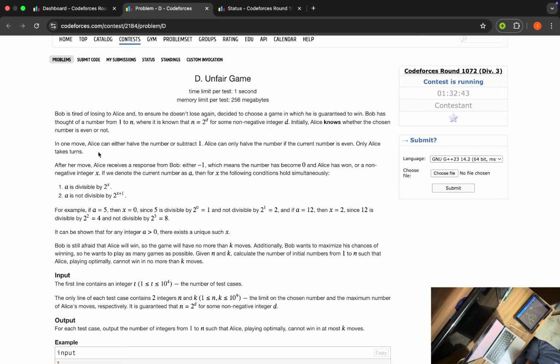Only Alice takes turns. After her move Alice receives a response from Bob, either -1, which means the number has become 0 and Alice has won, or a non-negative integer x. If we denote the current number as a, then for x the following condition holds.